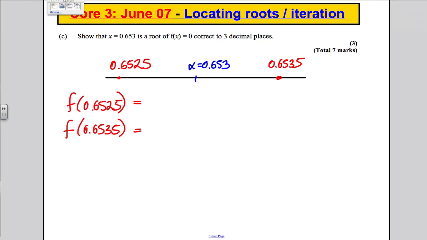Okay, and our f of x in this case was equal to the following.